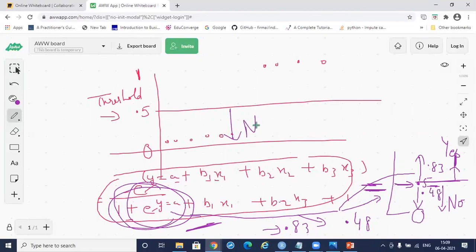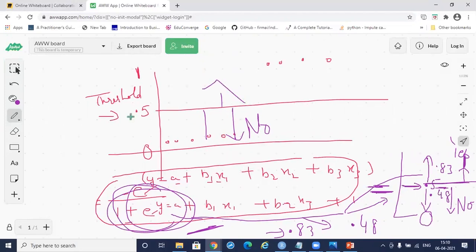So 0.5 is considered the threshold value: above 0.5 is considered yes diabetes, and below 0.5 is considered no diabetes.